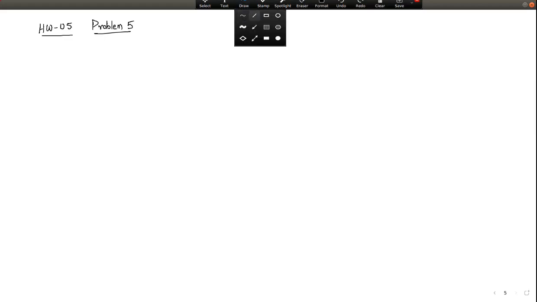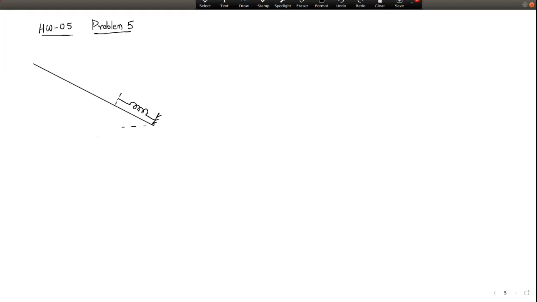So let's do this. So we have an incline, and at the bottom of the incline there is a spring, and this gets compressed.